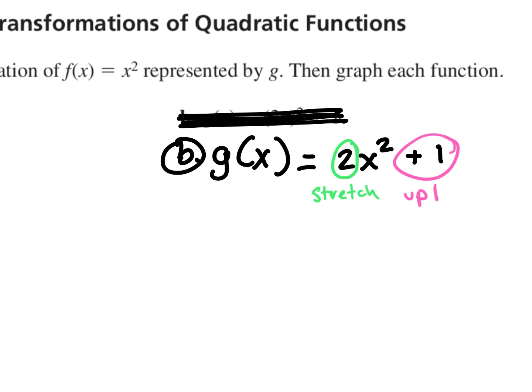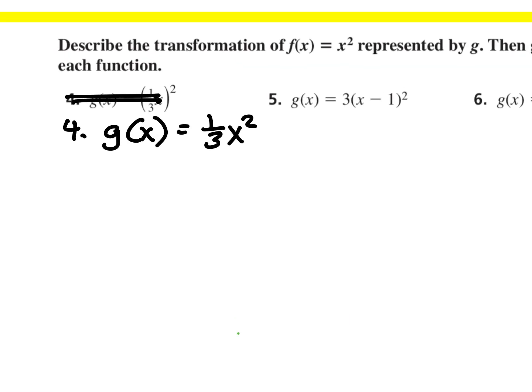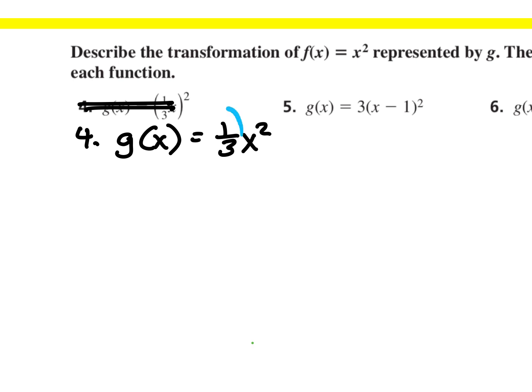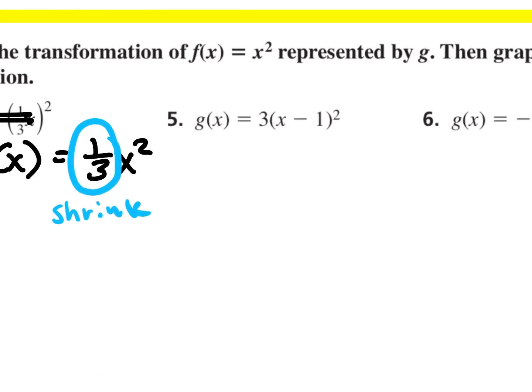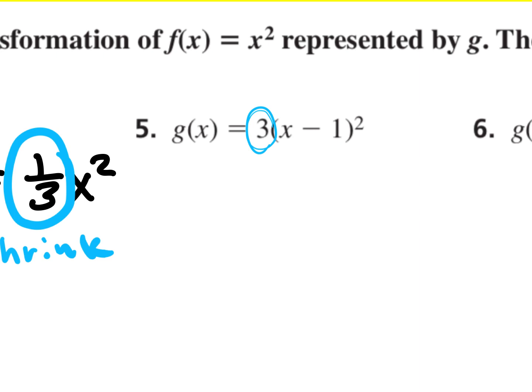For number 4, I'm multiplying by a fraction, so this would be a shrink. For number 5, I'm multiplying by a whole number greater than 1, so this would be a stretch. Then I'm subtracting 1 on the inside, so when it's on the inside, we're moving horizontally.